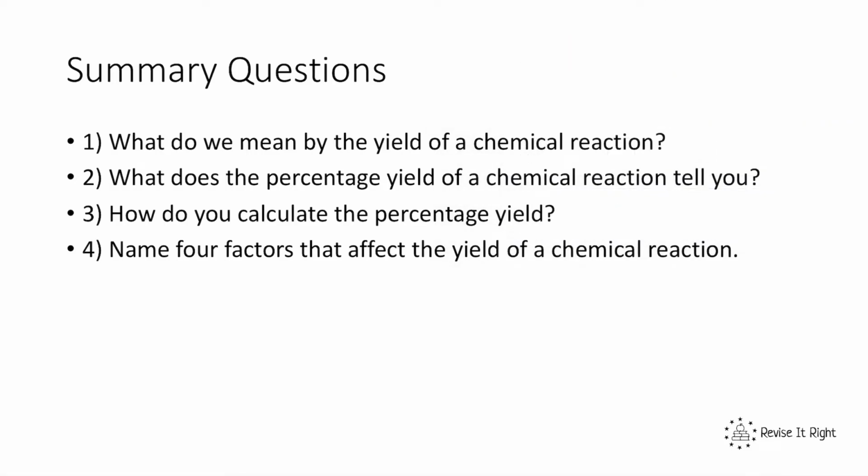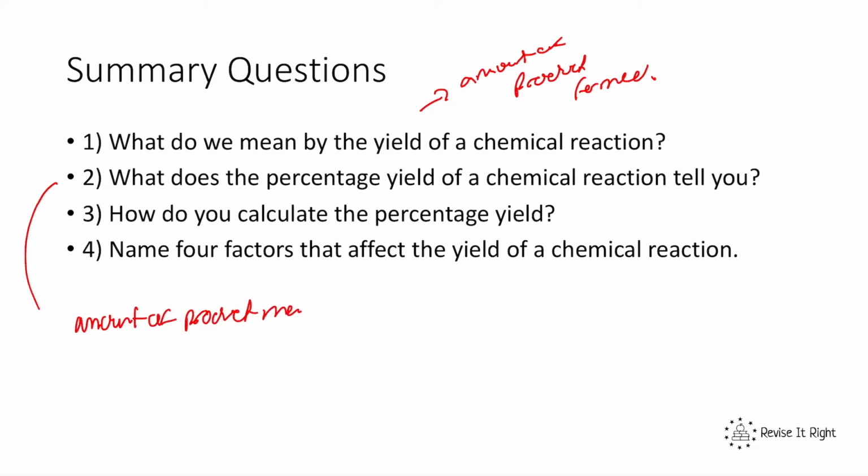So what do we mean by the yield of a chemical reaction? Well, it's the amount of product formed. What does the percentage yield of a chemical reaction tell you? Well, it tells you the amount of product made compared to the theoretical maximum product that you could make.